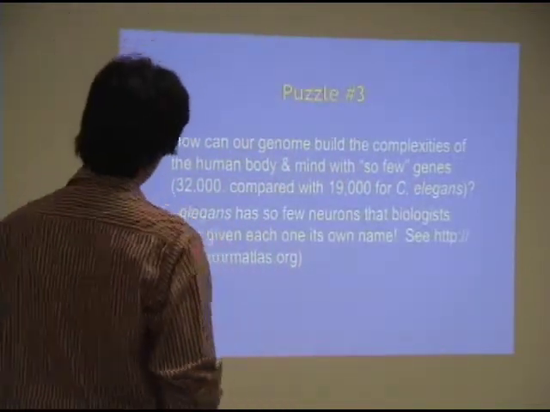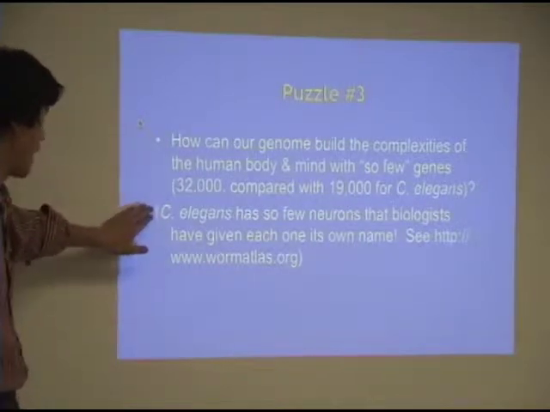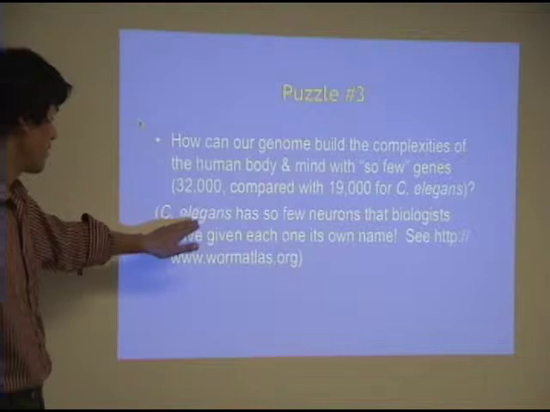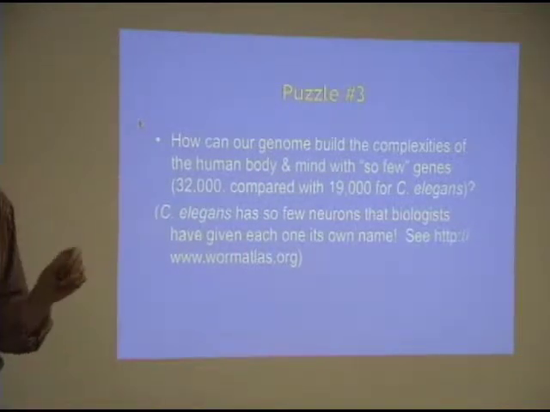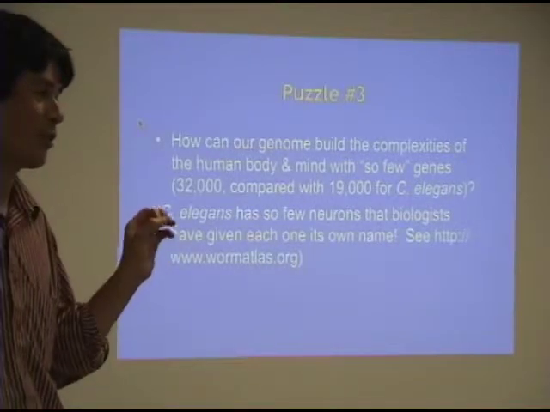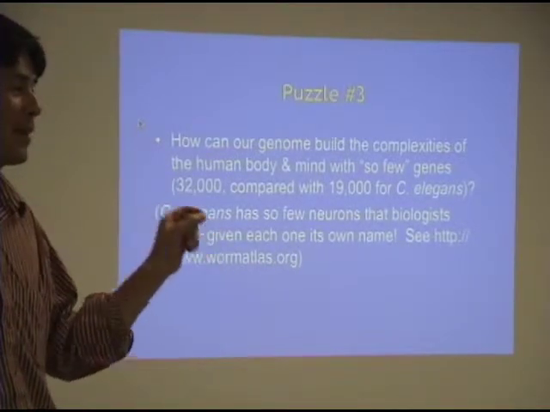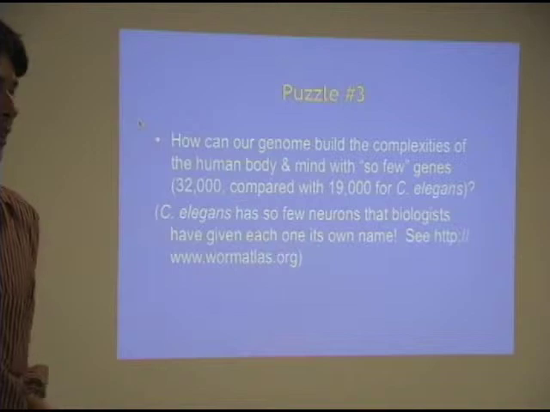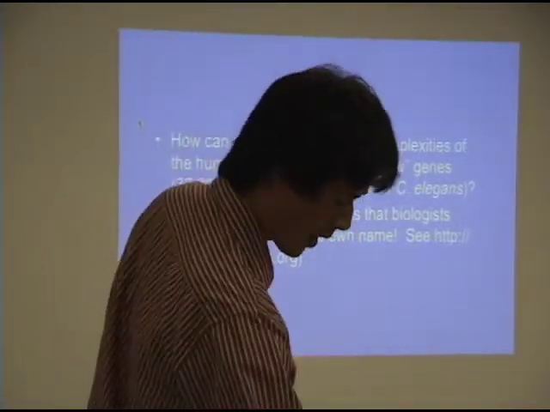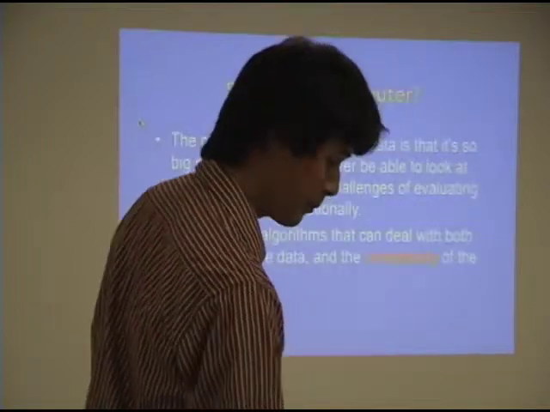Just to give point to what I mean by less complex, this little nematode worm has so few neurons that the biologists actually have gone to the trouble of mapping and naming each one of them so that they can then go do developmental studies in which you knock out one cell and see what happens.